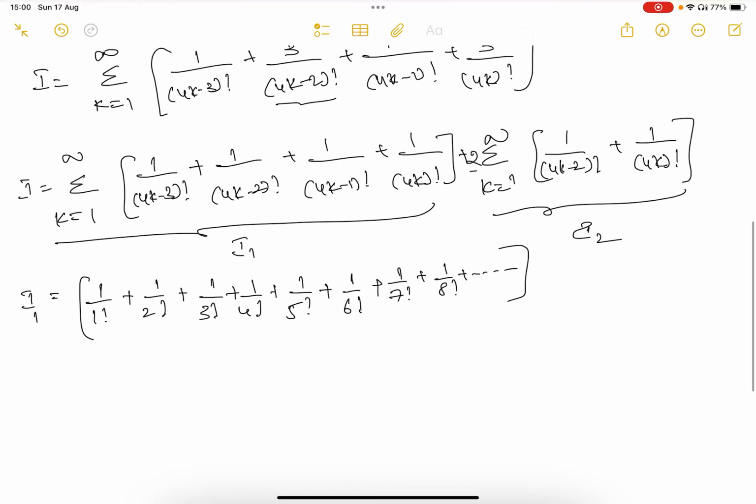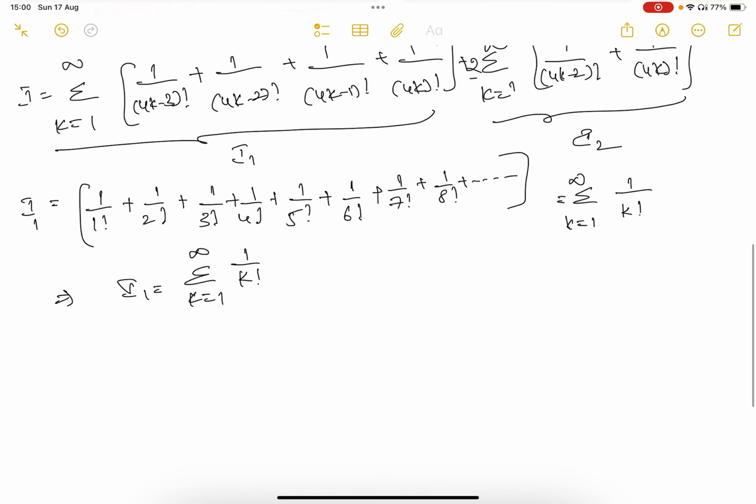As you can see here, how does it look like? It looks like 1 by k factorial, summation k equal to 1 to infinity, right? That is I1, summation k equal to 1 to infinity 1 by k factorial.